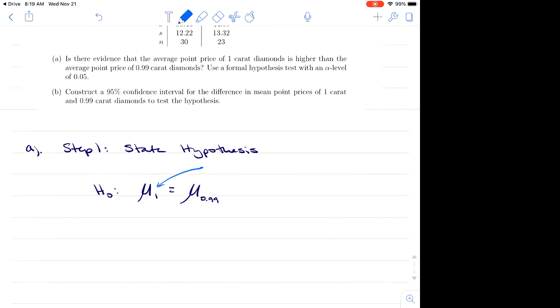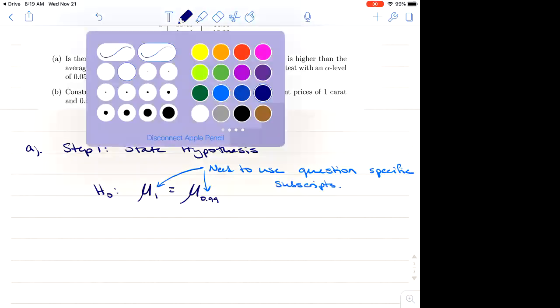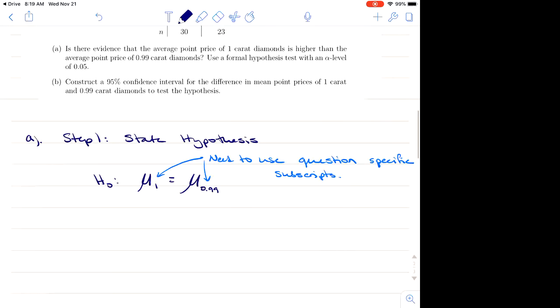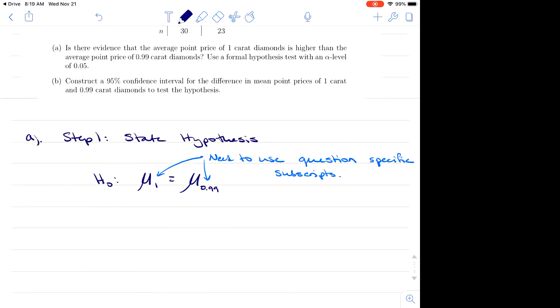Just make little notes here. Need to use question-specific subscripts. That's important. Later on in my formula, I'll probably just stick to 1 and 2, but for my hypothesis, I have to identify which one is which.